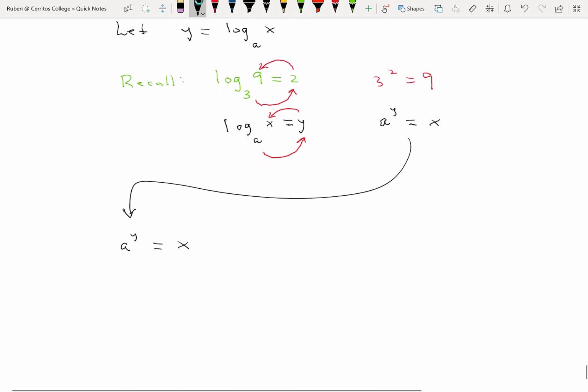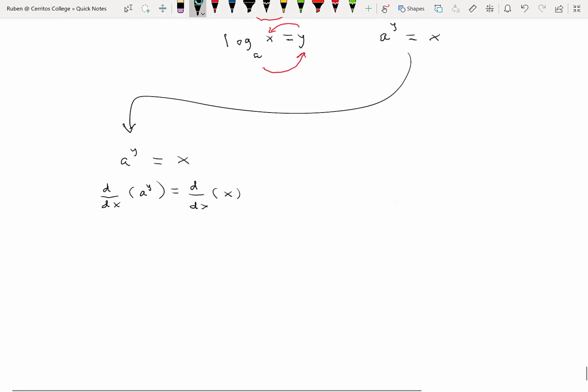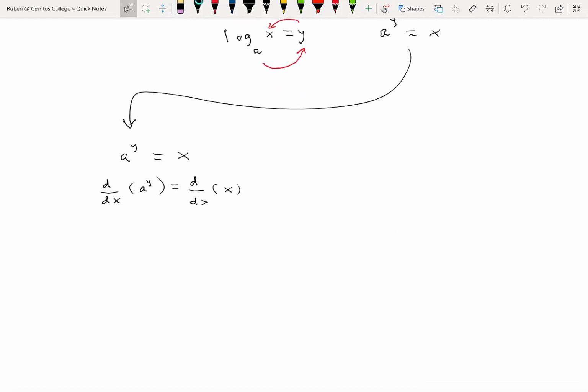So let's take the derivative with respect to x. I'll just insert the derivative operator on both sides. And remember our formula from a whole bunch of lines above, that the derivative with respect to x of a to the x is a to the x times the natural log of a.